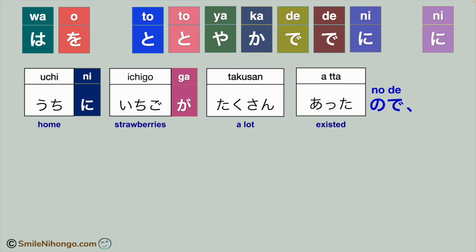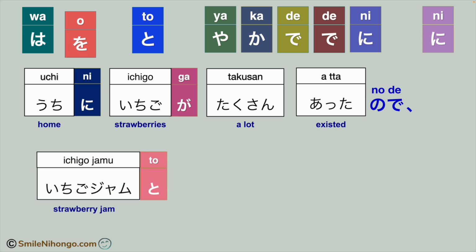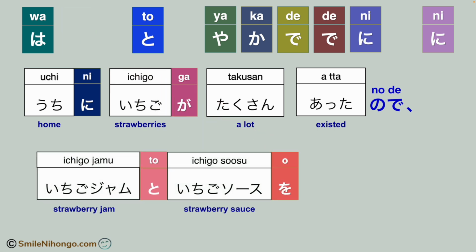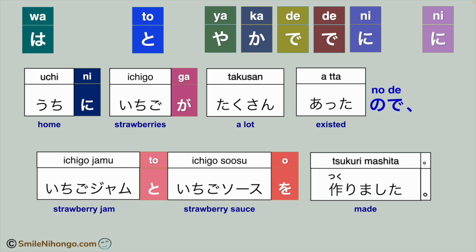And here is the outcome or conclusion. いちごジャムといちごソースを作りました。わかりますか？そうですね。The sentence means I made strawberry jam and strawberry sauce because I had a lot of strawberries at home. Or I had a lot of strawberries at home, so I made strawberry jam and strawberry sauce.